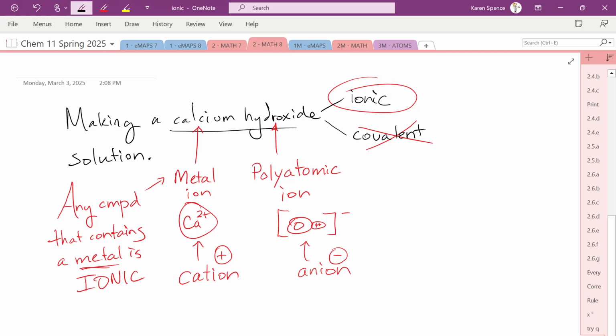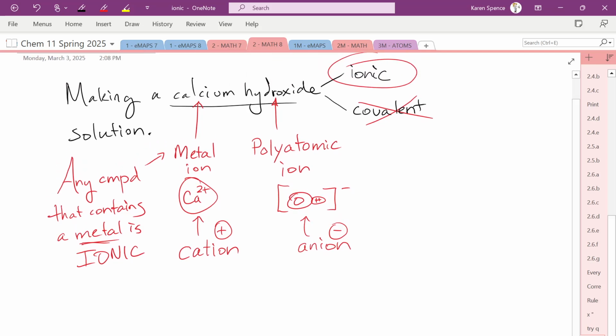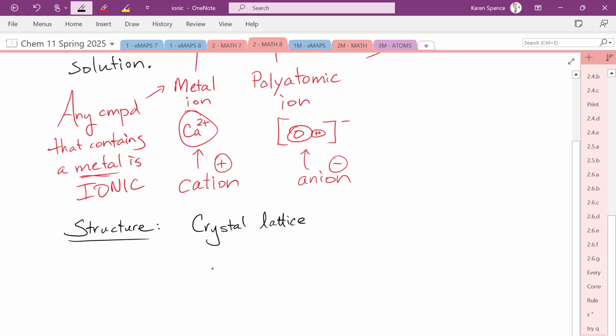What kind of structure is formed when we put these ions together? What kind of structure do we get? Crystal lattice. Okay, and it's going to be small positive, big negative. Small positive, big negative.